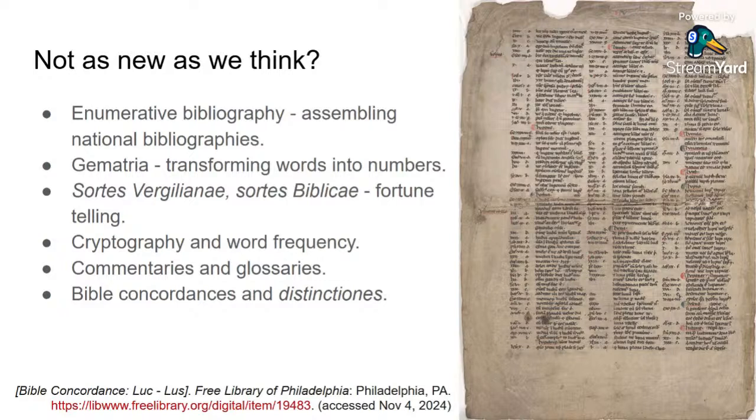There are also some forms of fortune-telling and interpretation that involve transforming words into numbers, like with gematria, or the sortes Virgilianae or the sortes Biblicae, which involve randomly opening either the Aeneid or the Bible onto a page and selecting a passage as an indicator of the future, which is related to our idea of concordancing, of reading non-sequentially, reading somewhat randomly.